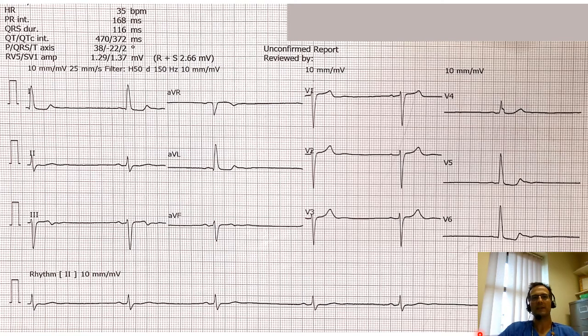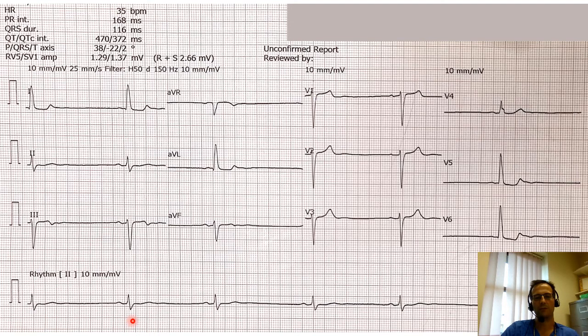What about this ECG? What's the heart rate here? Well, it's nicely marked for you up here on the ECG at 35 beats per minute. How could you work that out?